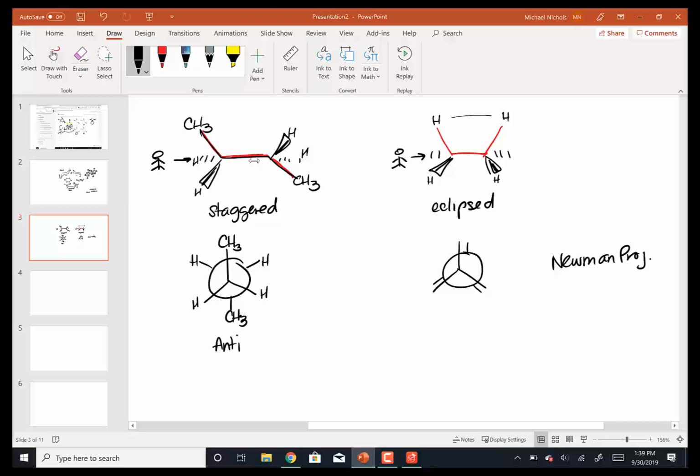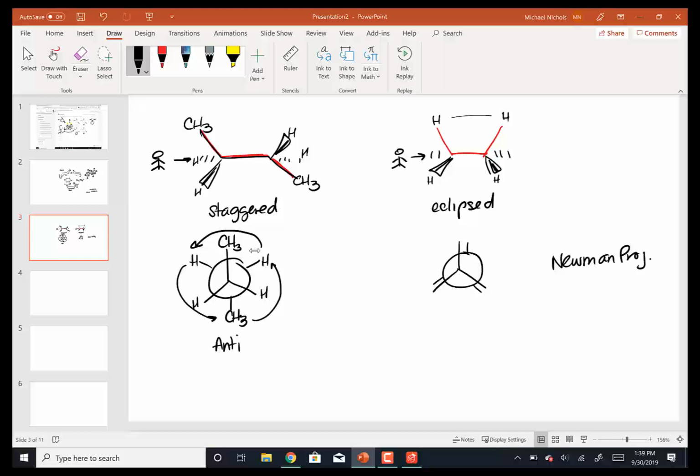But I could take my back carbon here, and I could rotate the methyl group up where this hydrogen is, rotate this hydrogen over here, and rotate that hydrogen down to where the methyl is. So with each one of these Newman projections, I could grab the front carbon and rotate, or I can grab the back carbon and rotate.